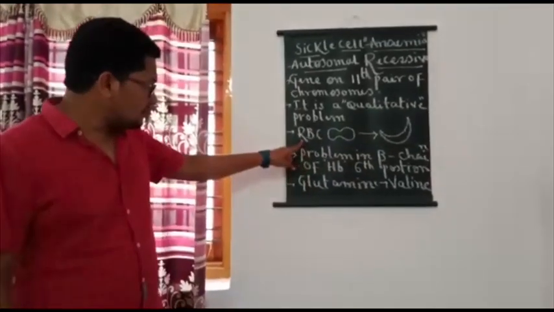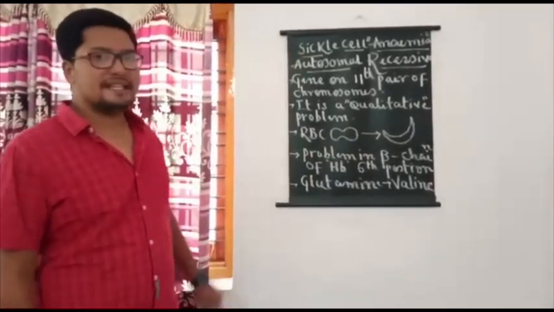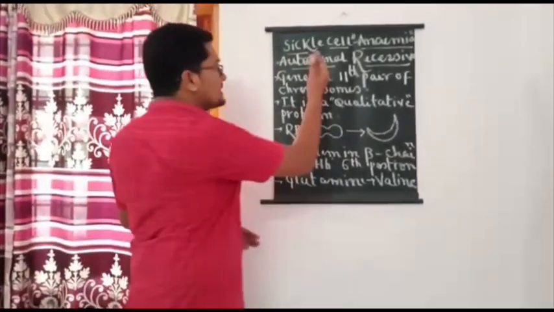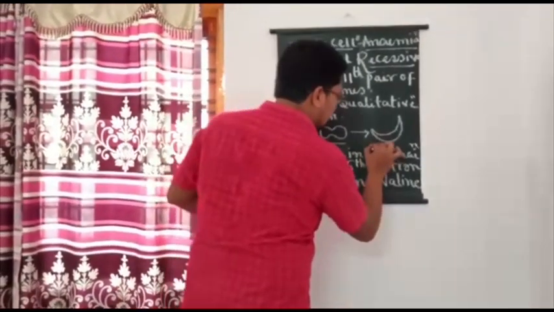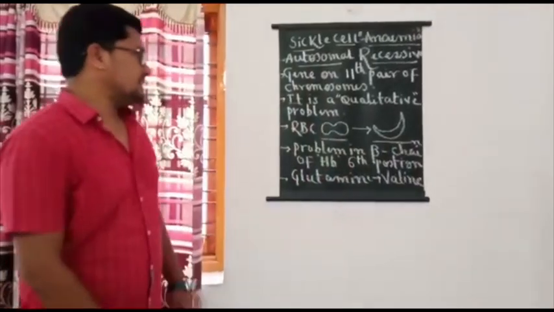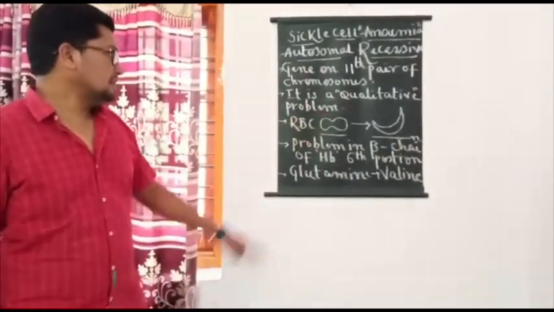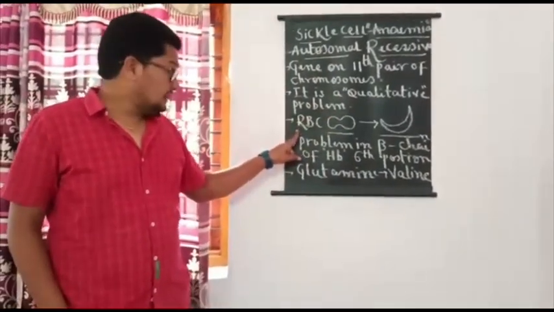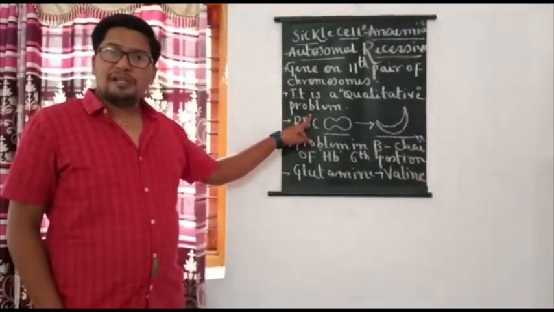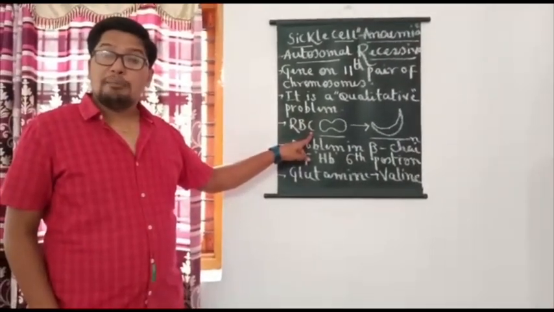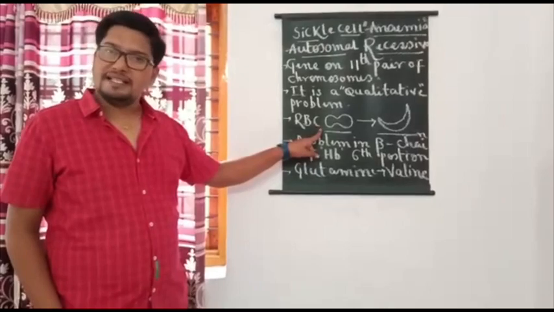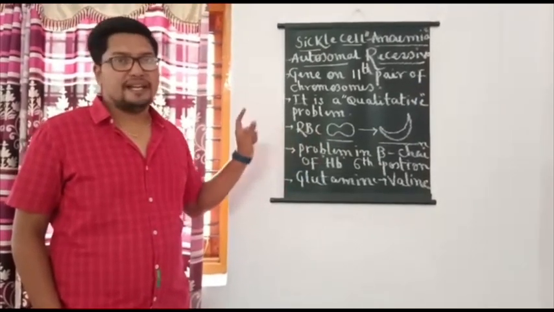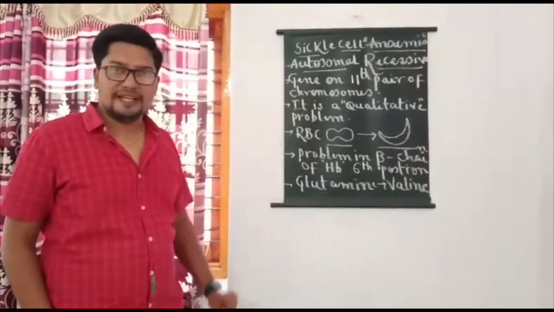Coming to the most important aspect of sickle cell anemia, why is this called sickle cell anemia, I have represented it with the simplest diagram. You know that in adult mammals, RBC are biconcave, disc-like and enucleated, without nucleus.